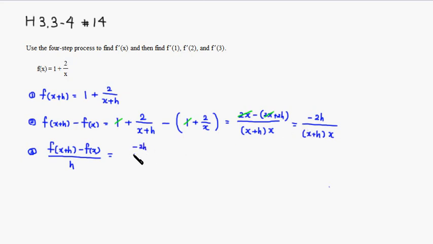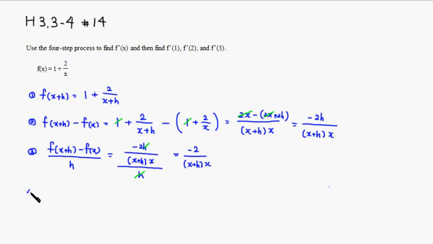So you have negative 2h over x plus h times x, divided by h. The h on top and the h on the bottom cancel out, so you end up getting negative 2 on top over quantity x plus h times x.